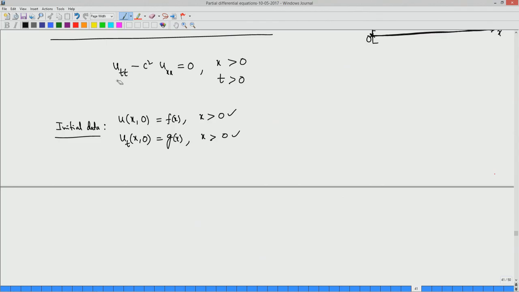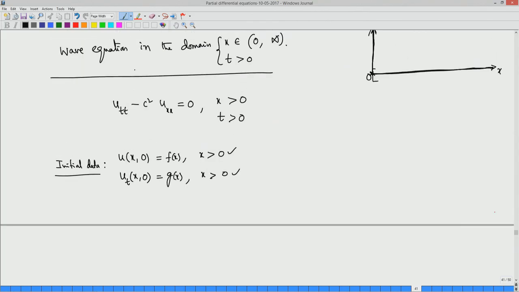Because you have the boundary here, you have to provide only one boundary datum. Just because it is second order, you need not provide two values at x equal to 0. For the spatial variable, that is actually the physical boundary, and on that boundary the displacement should be known.